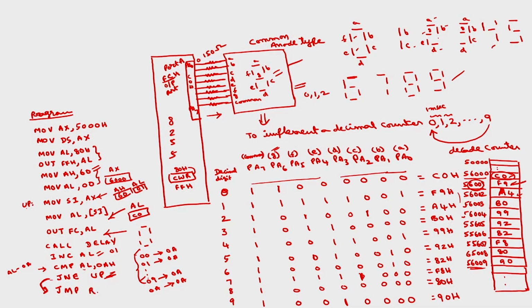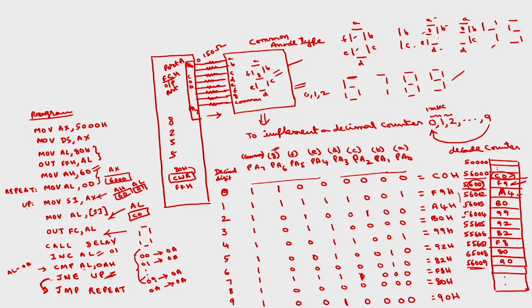Where should this repeat be? This repeat should be again here, so that again AL will be taken with 00, and the code corresponding to 0 will be displayed. Like that this loop continues.